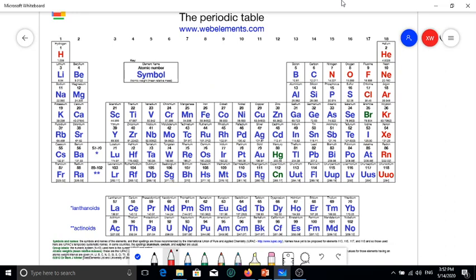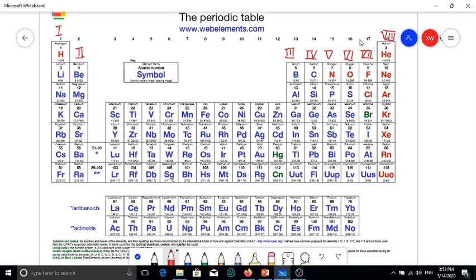But more importantly, when you look at the periodic table, let's renumber these numbers: 1, 2, and if we focus on the so-called representative elements, or main group elements, 3, 4, 5, 6, 7, 8.